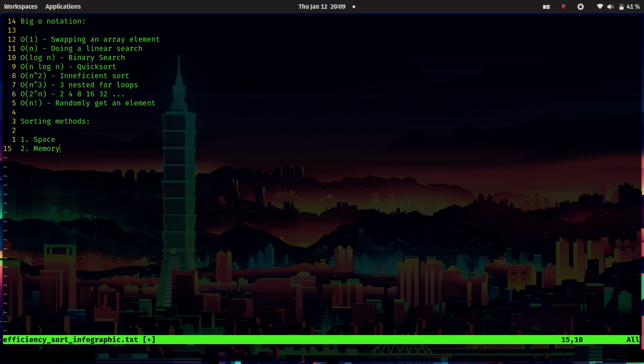Two is memory: how much is it going to take up in RAM, and how many processes is it starting? And three is time, or really CPU intensity. If you have a sort that takes a very long time, it could be very space efficient, but still take a long time to execute.